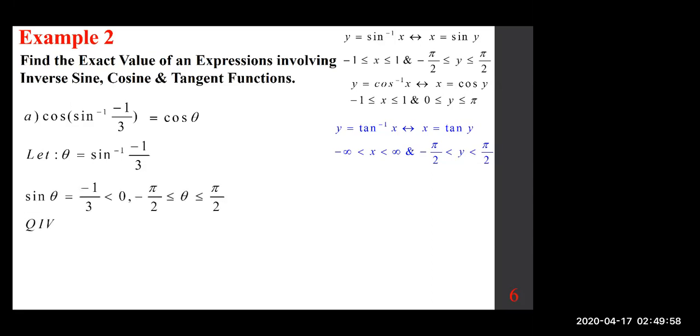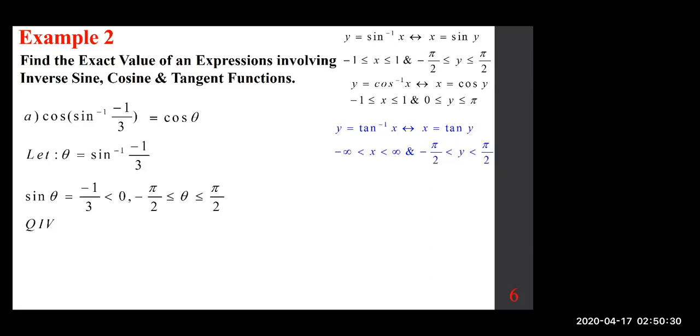Now, when sine is negative, remember, theta is between negative pi over 2 and pi over 2. Why? Because of the limitation of sine inverse. So with that being the case, because it's negative, we are dealing with the fourth quadrant.